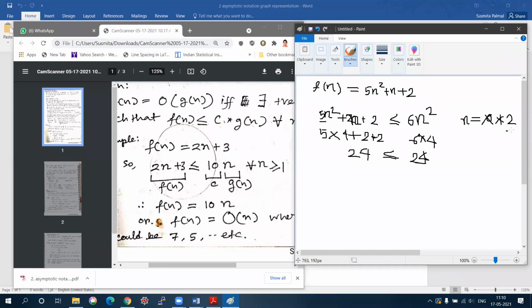So when the value of n is 2, this inequality holds.